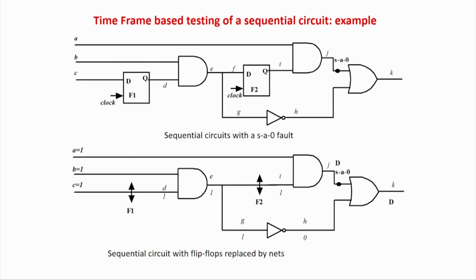So the term is called time frame based expansion, and the other one we know is scan chain based. Time frame based expansion takes a lot of time for test pattern generation, but test pattern application time is the same for both scan as well as a normal circuit without scan where there are no cycles. The idea is very simple. In scan also, if there is a circuit with level 10,000 depth, the scan length will be 10,000, and the normal circuit without scan will also have some flip flops at the level of depth 10,000.